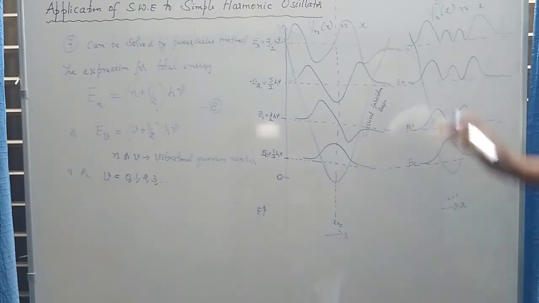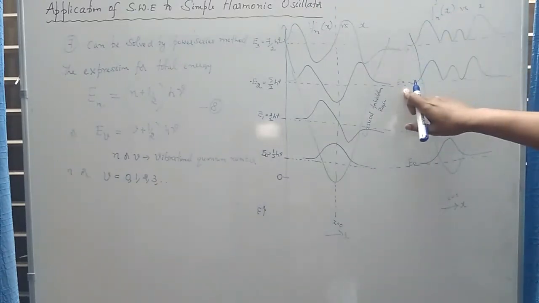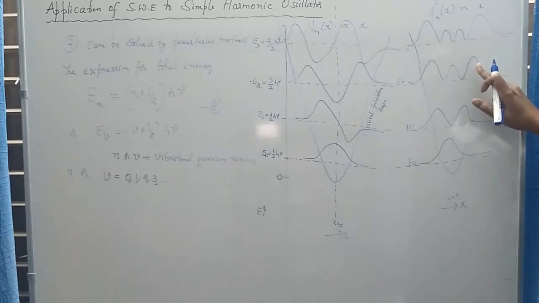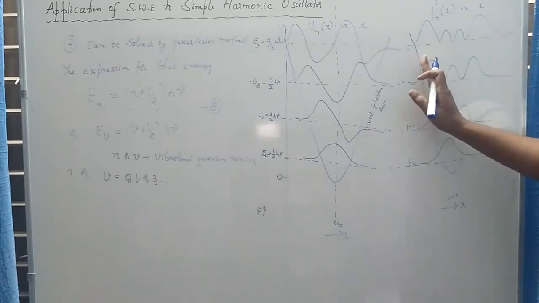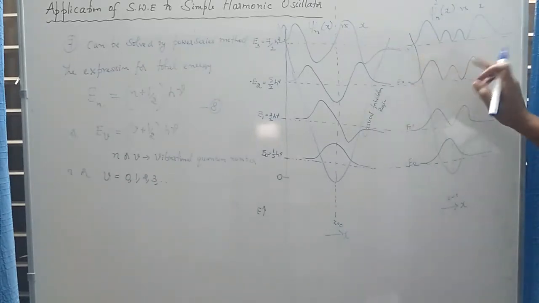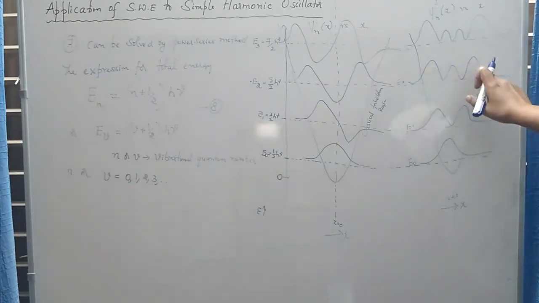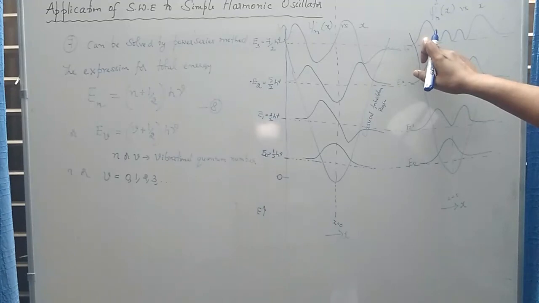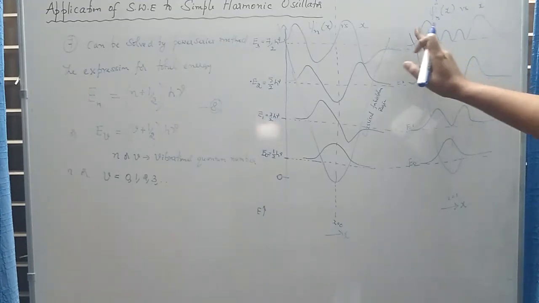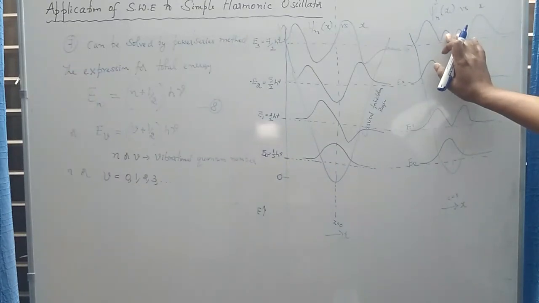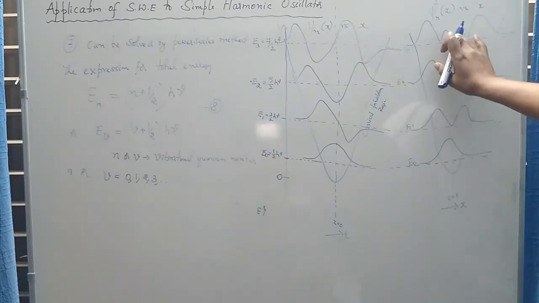If I increase the quantum number to the next higher energy, we see that the maximum probability of finding the particle is more at the two extremes, and the probability of finding the particle at the center is slightly less compared to this. And when n is equal to 4, the probability of finding the particle at the extreme position has increased, and the probability is very less at the center of the box.